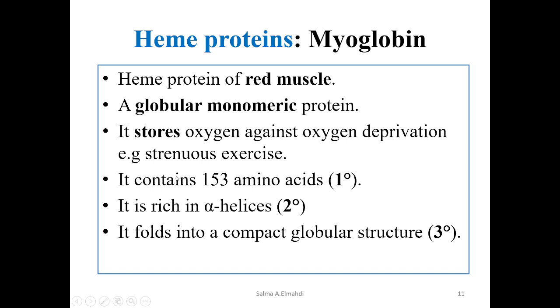Structure-wise, it contains 153 amino acids as its primary structure. Remember, the primary structure is the number and sequence of amino acids, and if there are any disulfide bonds that will be marked. So the primary structure of myoglobin is a series of 153 amino acids.